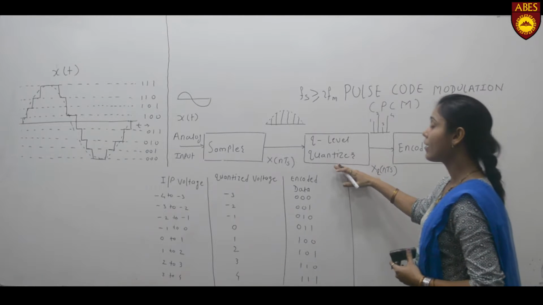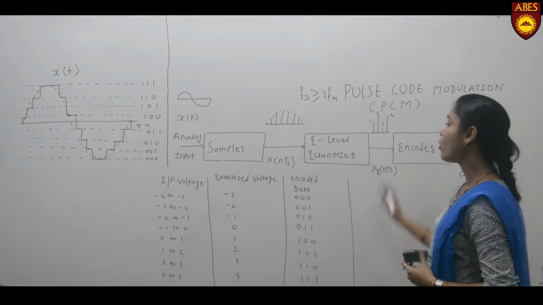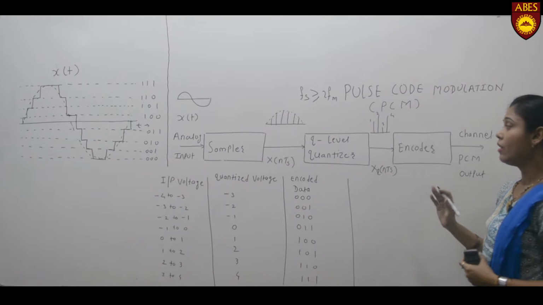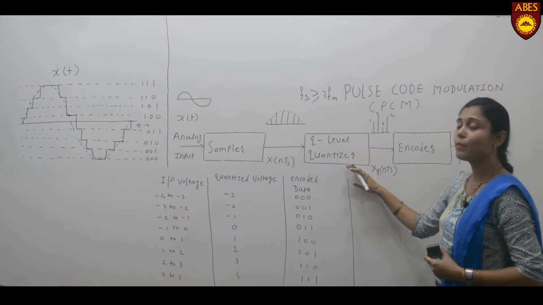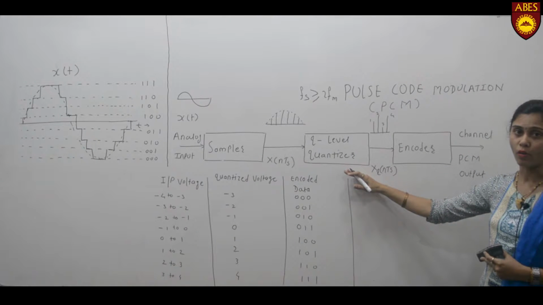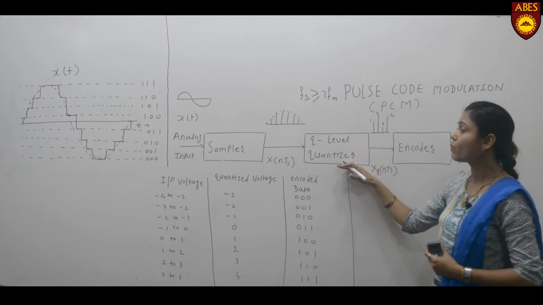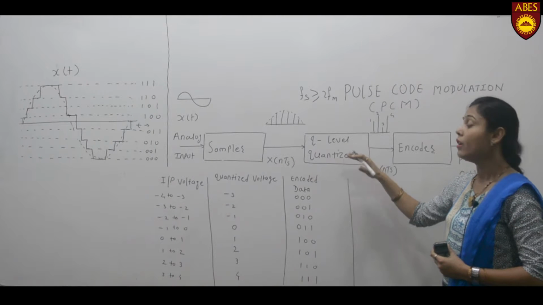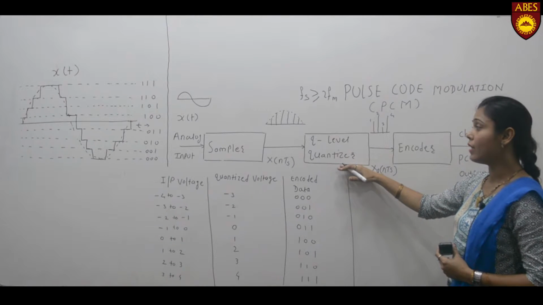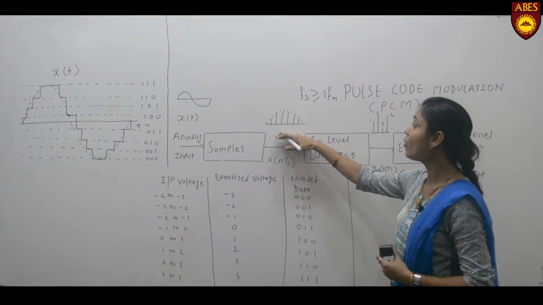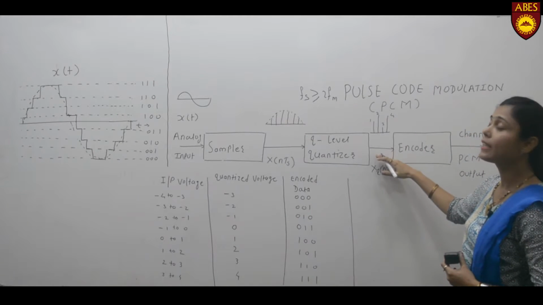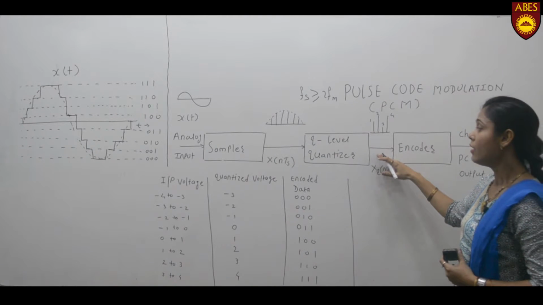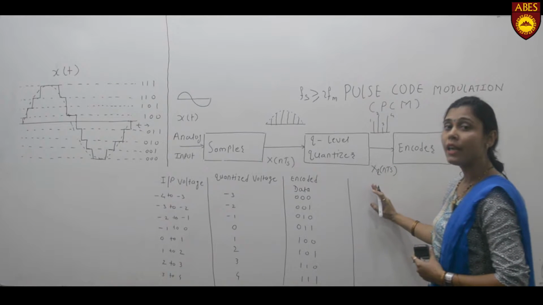This Q level quantizer performs the operation which is called quantization. Now quantization is nothing but the process of rounding off, or I can say a process of approximation. This quantizer will convert the incoming infinite voltage levels into a finite number of voltage levels. Now this we will see with the help of an example.